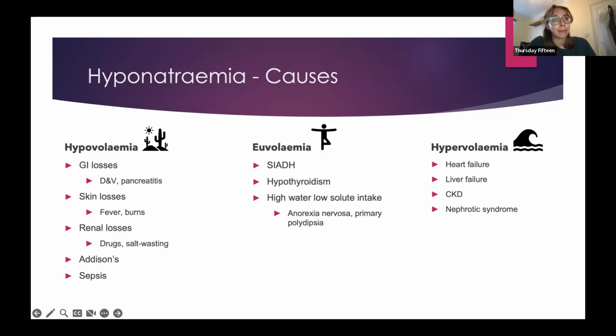So the way that Addison's causes hyponatremia is because Addison's is obviously primary adrenal insufficiency, and your adrenal gland is what makes your aldosterone steroid hormone. So aldosterone acts on your distal convoluted tubule and your collecting duct.